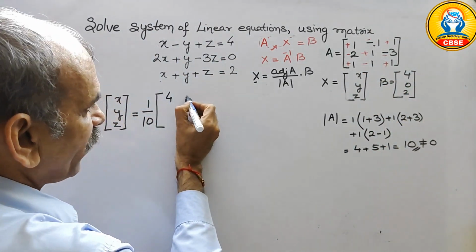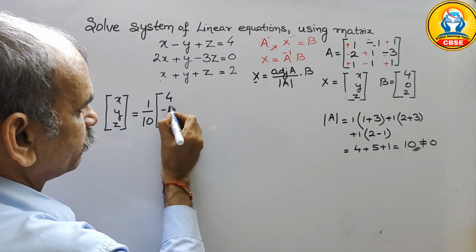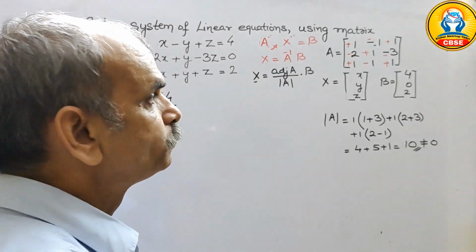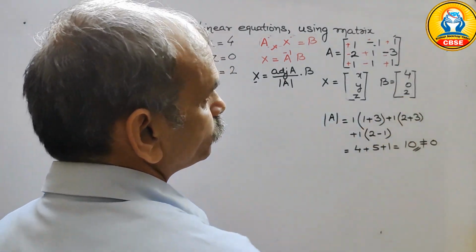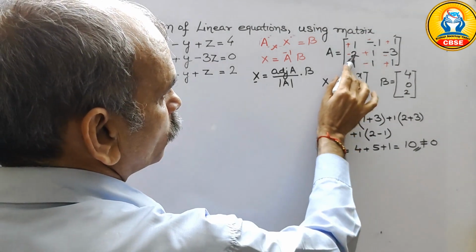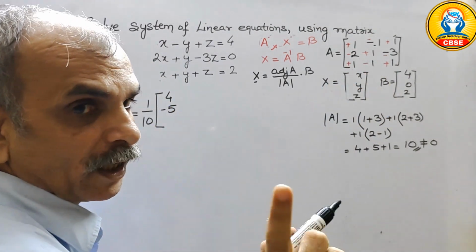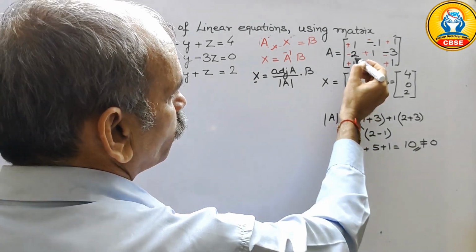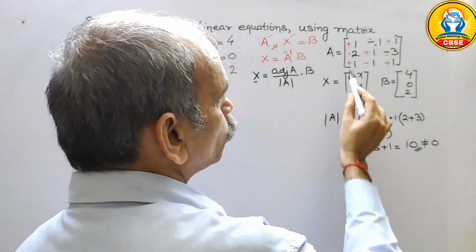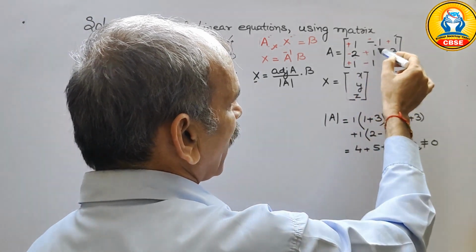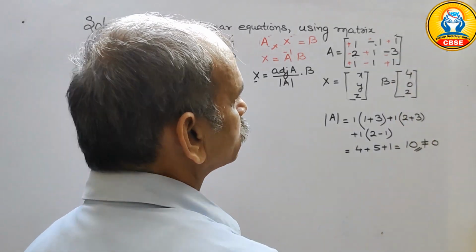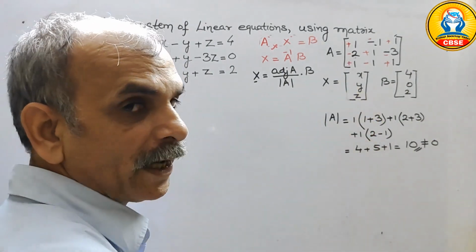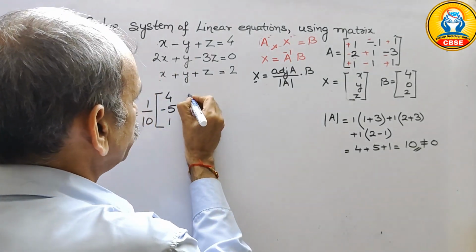Instead of writing it here, we will write it here, just interchanging rows to columns and columns to rows. Next comes this. Position is plus. So this is 2 minus 1 is 1. So here we will write 1. Next we will go for this 2, that means it will be minus 1 and minus 1, so it will be minus 2, and position is minus, so it will be 2. So now we will write 2 here.